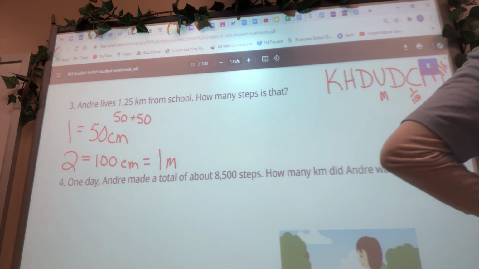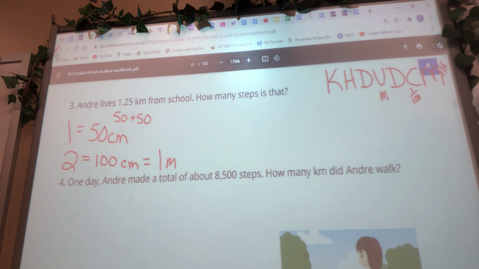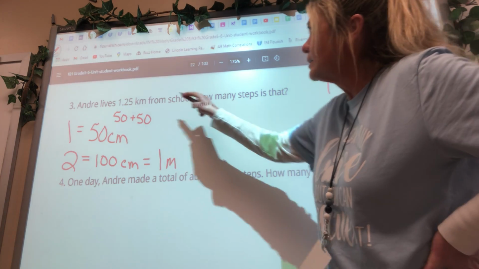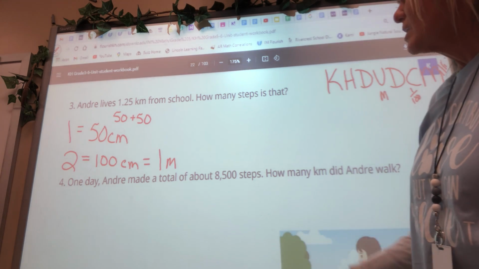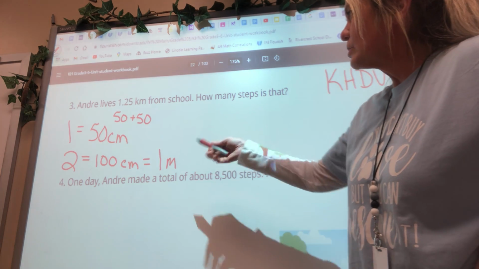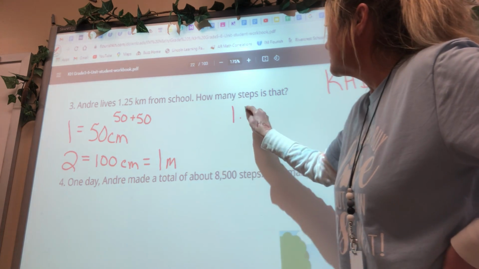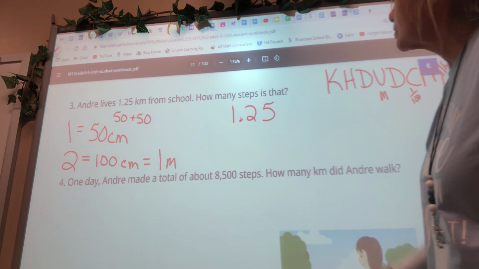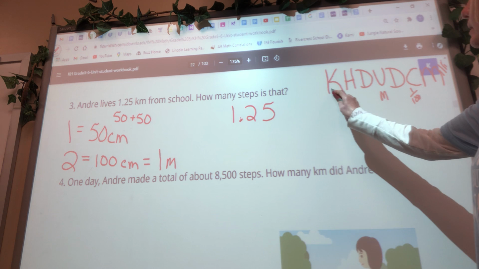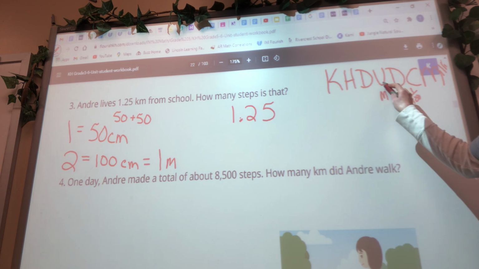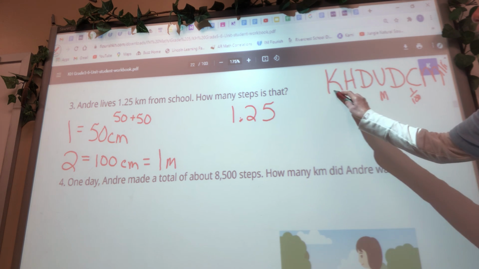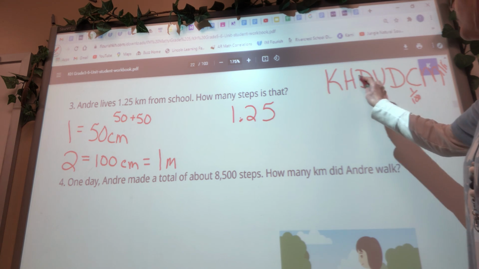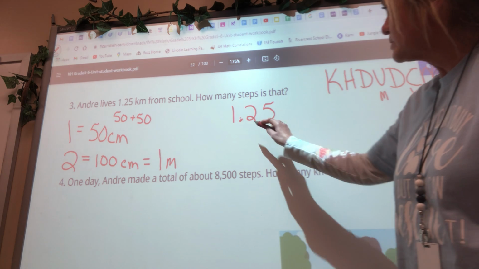All right. And it says, let's see, it's 1.25 kilometers from school. We're working now in meters, so let's get that put into meters. 1.25 kilometers. And we need to be in meters, so that would be 1, 2, 3 moves. 1, 2, 3, 3 multiples of 10.